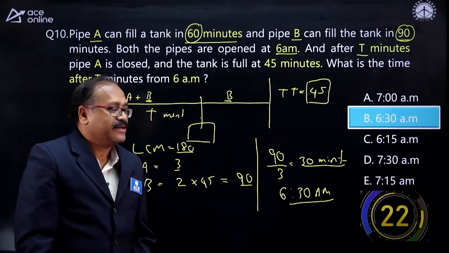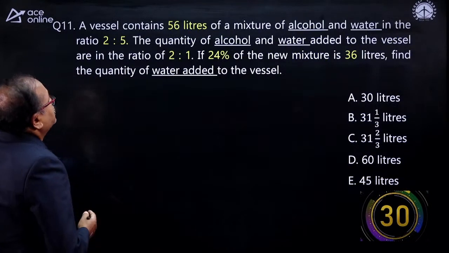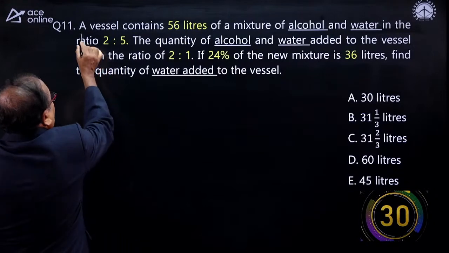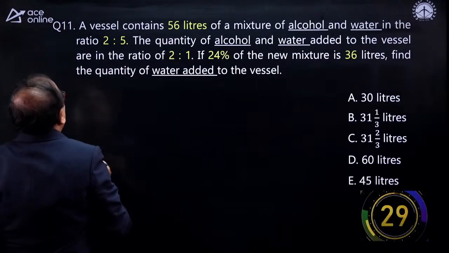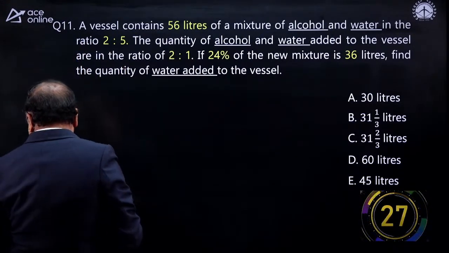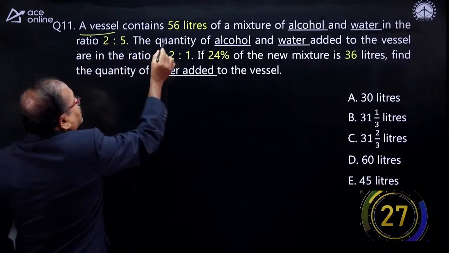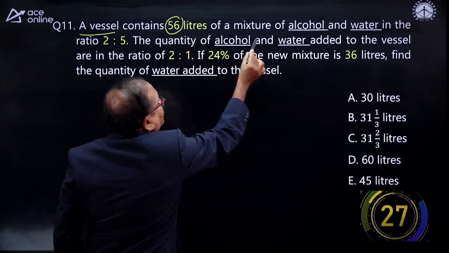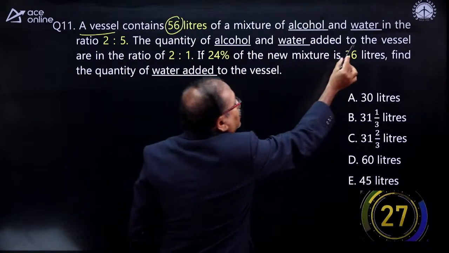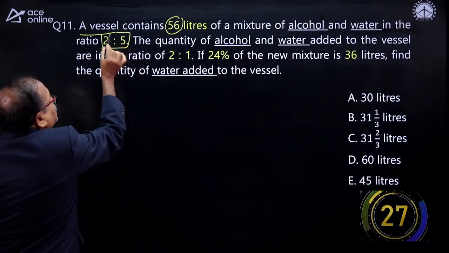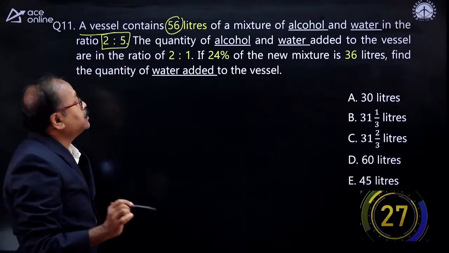Now, here is your next question. It's an alligation mixture question, question number 11. A vessel contains 56 liters of a mixture of alcohol and water in the ratio of 2:5. That is clear.